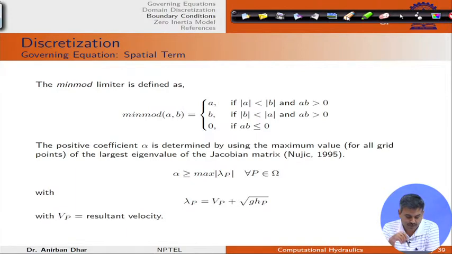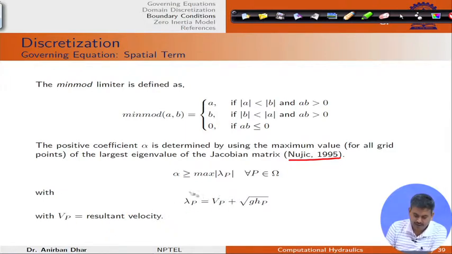Alpha value, which is the coefficient, can be calculated as per the suggestion of Nozick 1995. So, alpha should be greater than equal to maximum value of lambda p. Lambda p can be calculated from Jacobian matrix, and it is the largest eigenvalue.